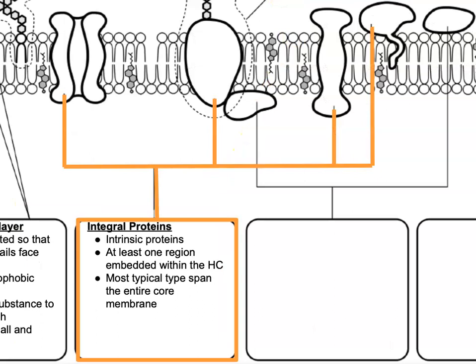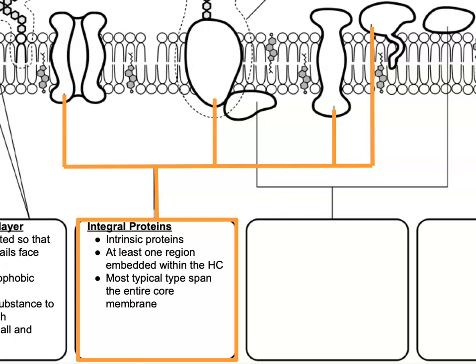The cell membrane is described as a fluid mosaic. This means that it is not stationary, it is not static, but it is moving. It also means that it's made up of multiple components. One of the major components making up the cell membrane, besides the phospholipids, are proteins. Proteins can be broken into two categories. The first category are integral proteins.